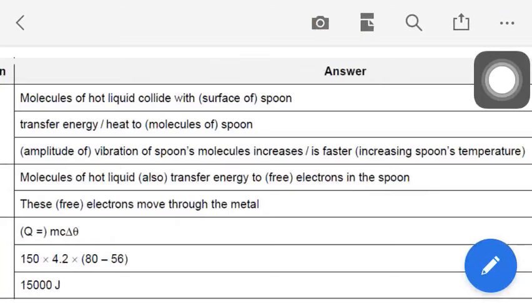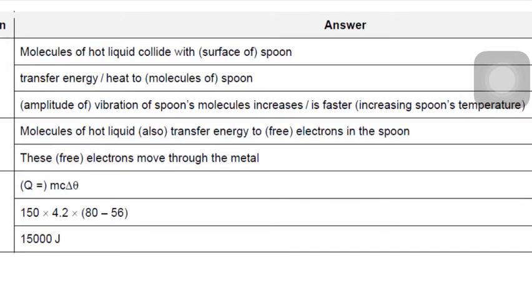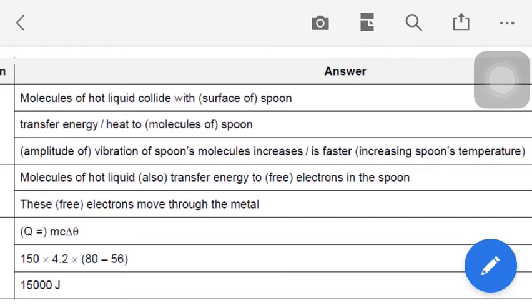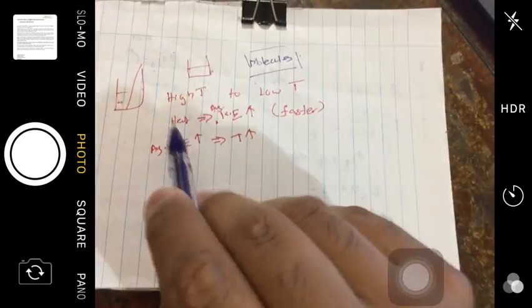At the same time, the second point is transfer of energy or heat to molecules of spoon. That we have mentioned. That is here.